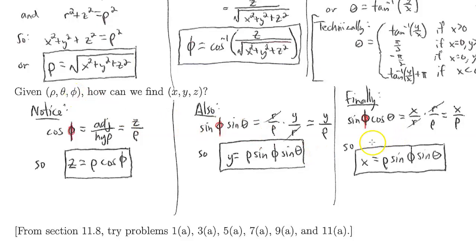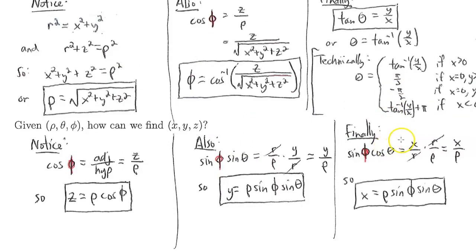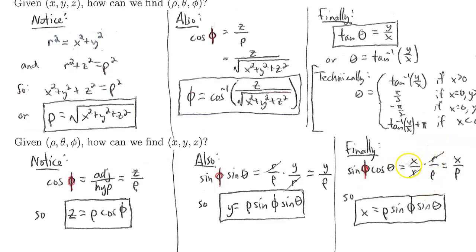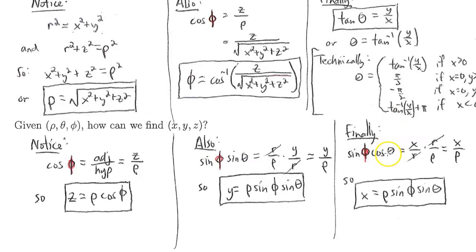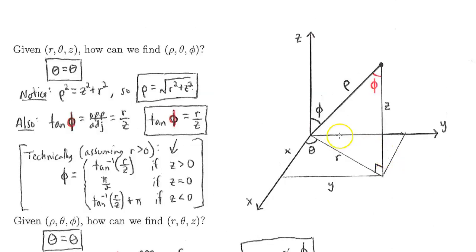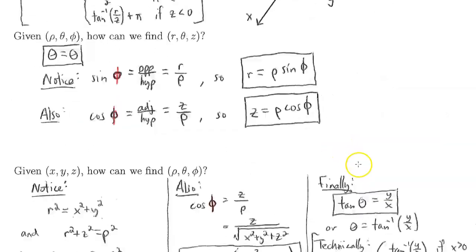And finally, what about x? This time let's do sine of phi times cosine of theta. Here we did sine of phi times sine theta. Sine of phi is r over rho, and cosine of theta would be x over r.